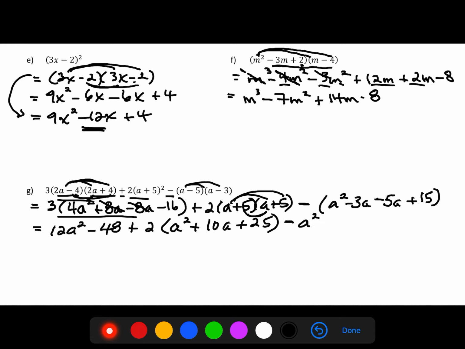So if everything is minused inside, we're going to get negative 8a with the minus out front becomes positive 8a and minus 15. Now we need to get rid of our last set of brackets here before we can state our final answer. So we're going to multiply everything in there by 2.